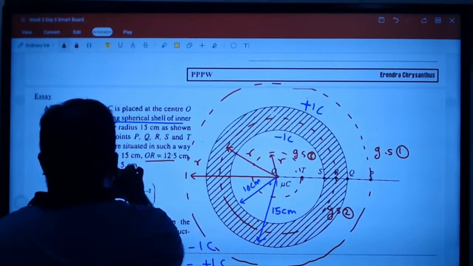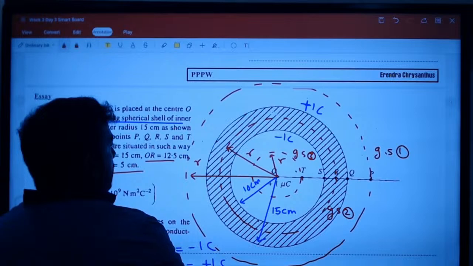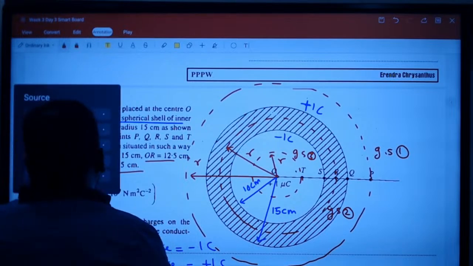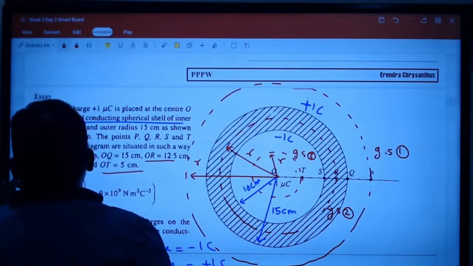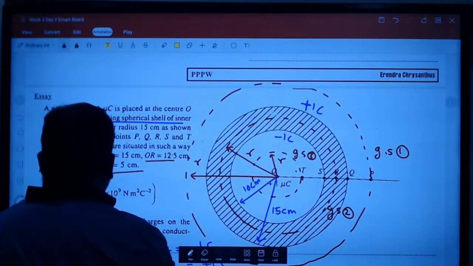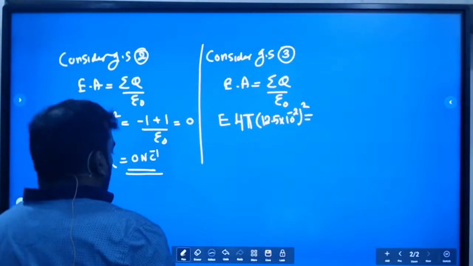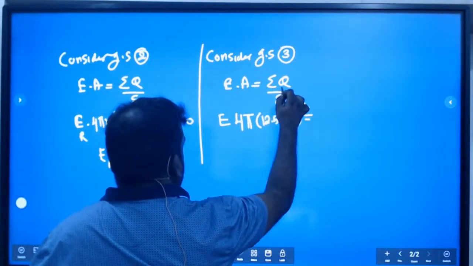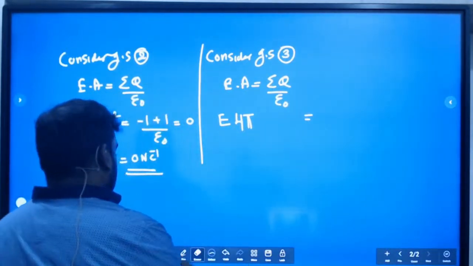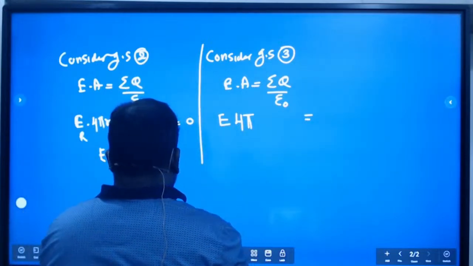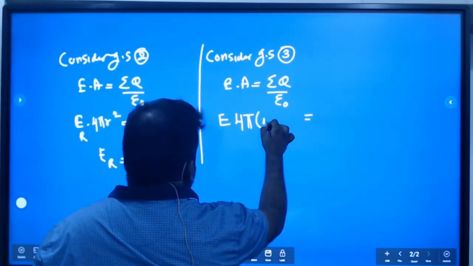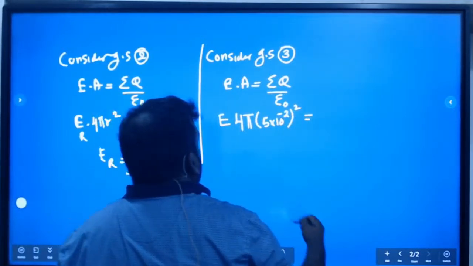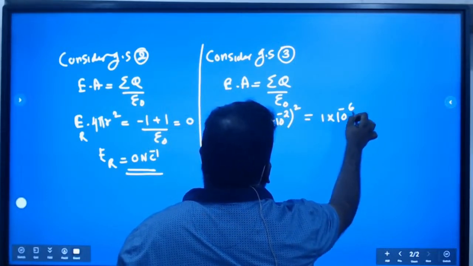OR distance is not useful. OT is 5. Five centimeters converted to meters squared. Sum of charges is 1 microcoulomb over epsilon naught.